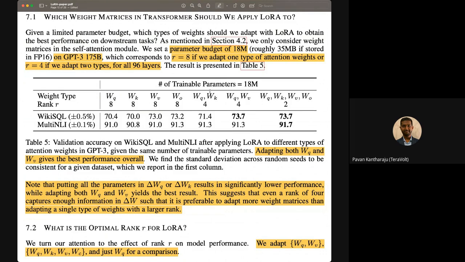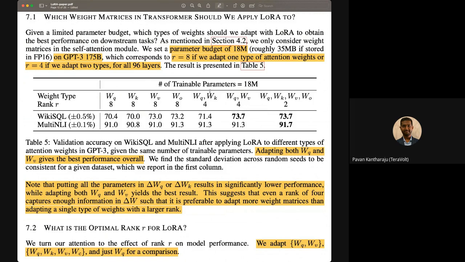And they look at the 4 different attention weights that you can adapt: the query, key, value, and the output. They look at them separately, and also in pairs together.